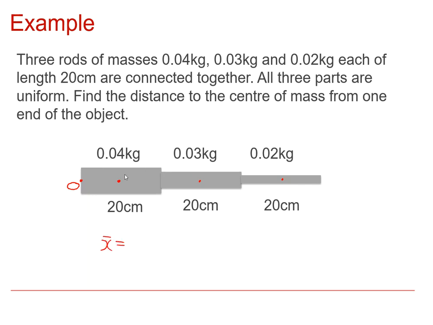Alright, so the centre of mass, remember I get that by multiplying the mass of each object by its distance from the origin, or its displacement technically from the origin.